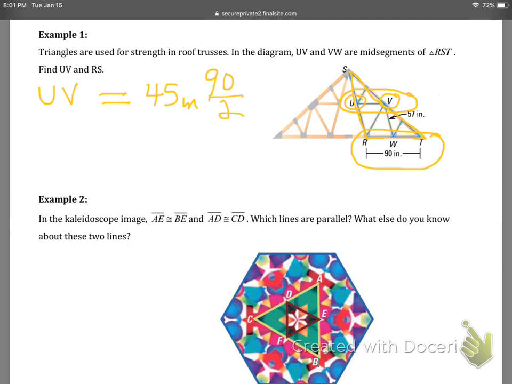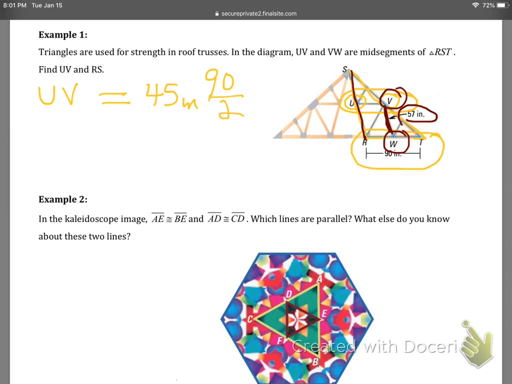Okay, so let's change color. Now we're talking about VW. So if VW is a mid-segment right here, then the part of the triangle it's parallel to is SR. If they tell me that VW is 57, then SR has to be twice it, because VW is the mid-segment.